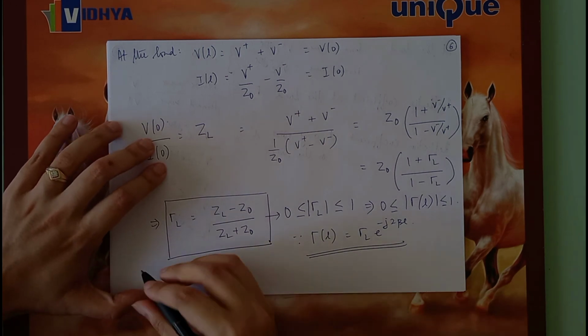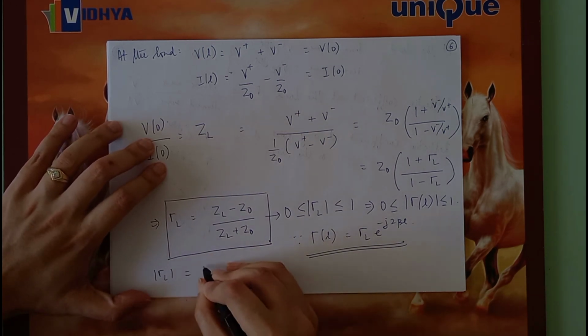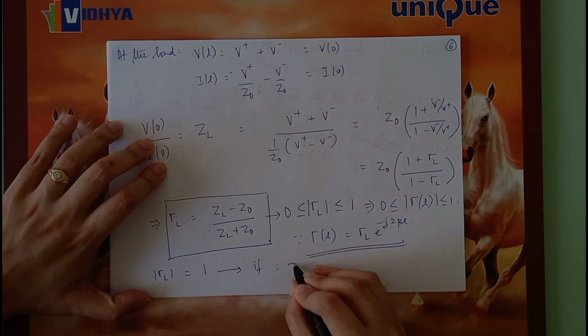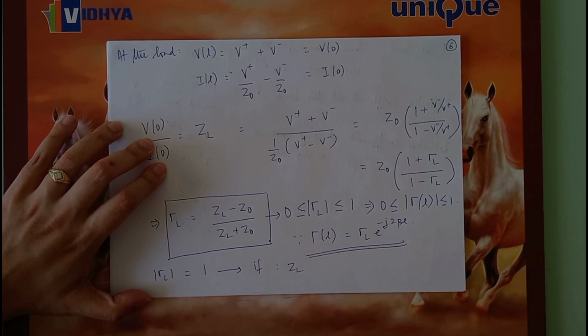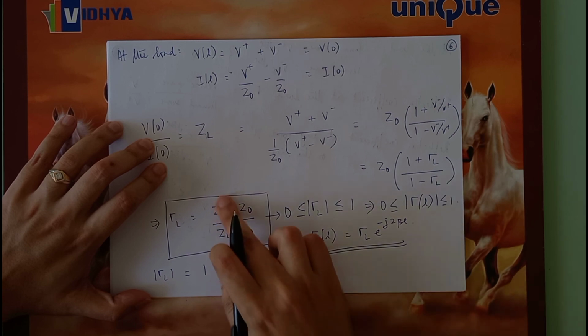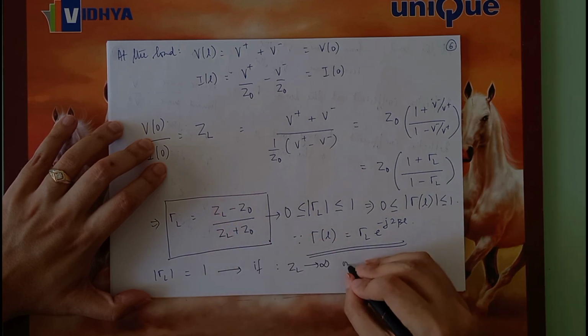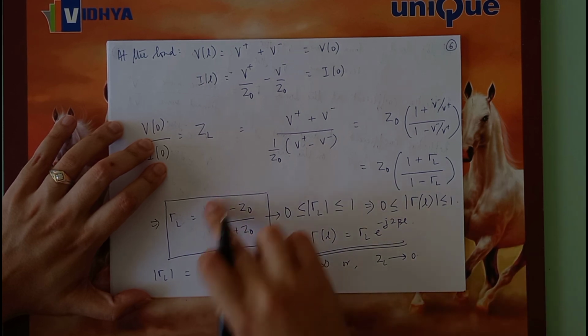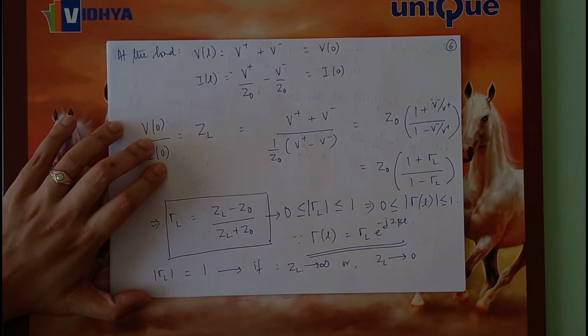So mod gamma L can be equal to 1 when? If ZL becomes equal to infinity, in which case this will tend to 1, or ZL tends to 0, in that case this will become 0 and gamma L will become minus 1.